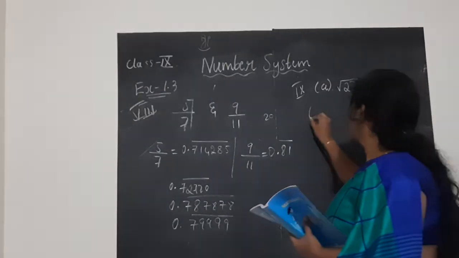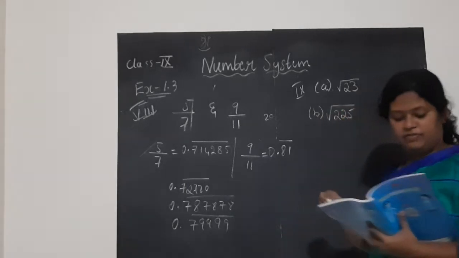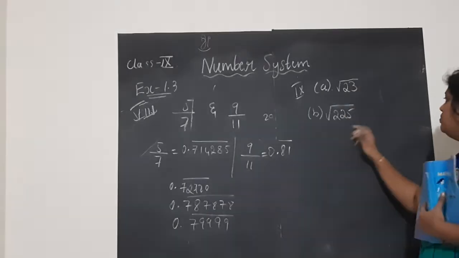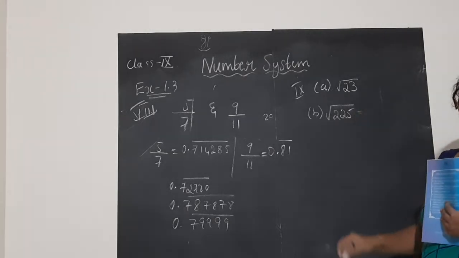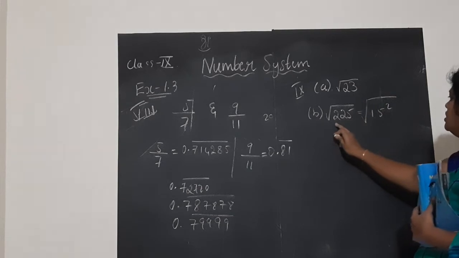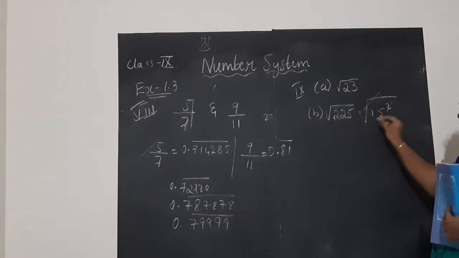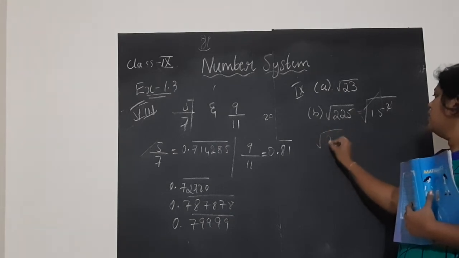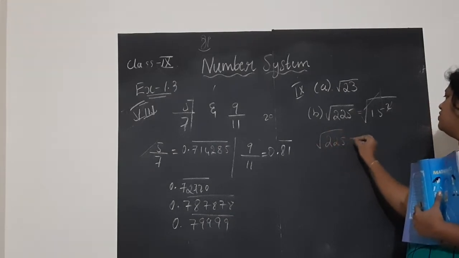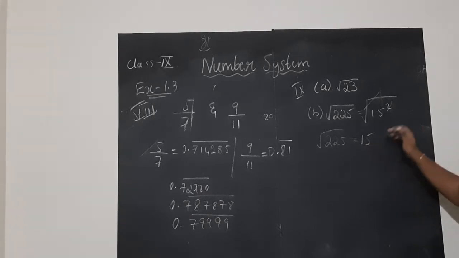Next is square root of 225. Square root of 225 means 225 is the perfect square of 15, right? So 225 under the square root can be written as the square root of 15 squared. The square root gets cancelled, so the square root of 225 is clearly 15. Is 15 recurring or non-recurring?